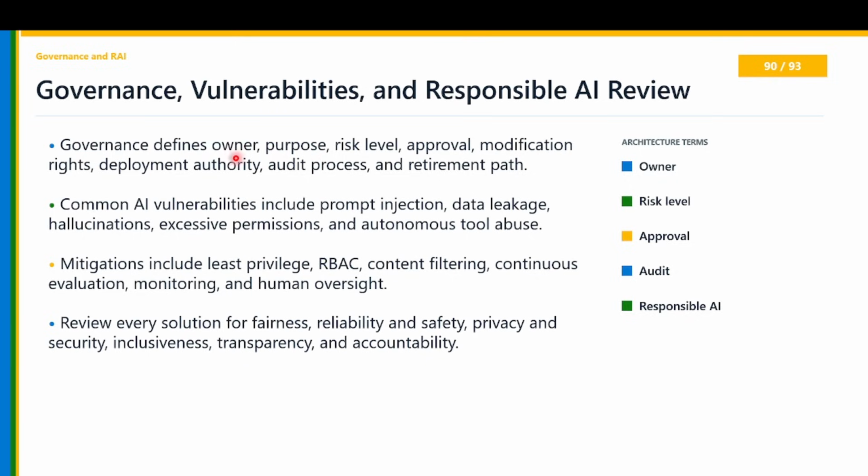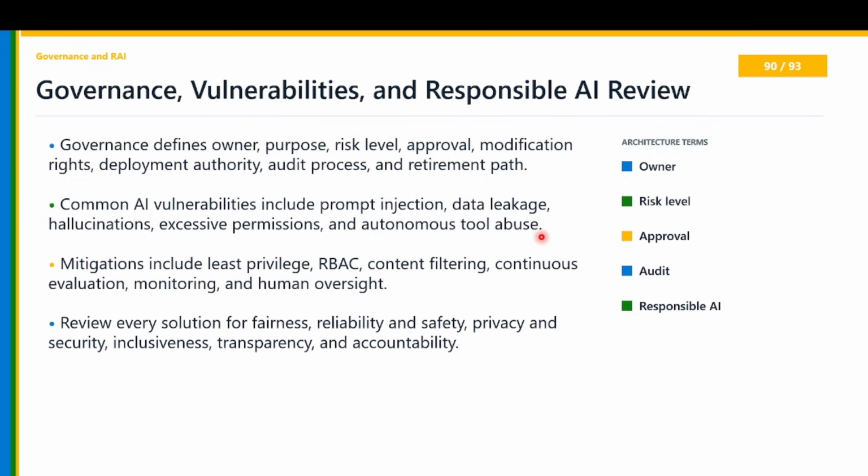So governance defines who owns the agent, what the agent was designed for, what the risk level of the agent is, what the agent has approval to access, how the agent can be modified, or when it needs to be modified, then the deployment authority of the agent, audit process, and retirement path of the agent, all defined through governance.